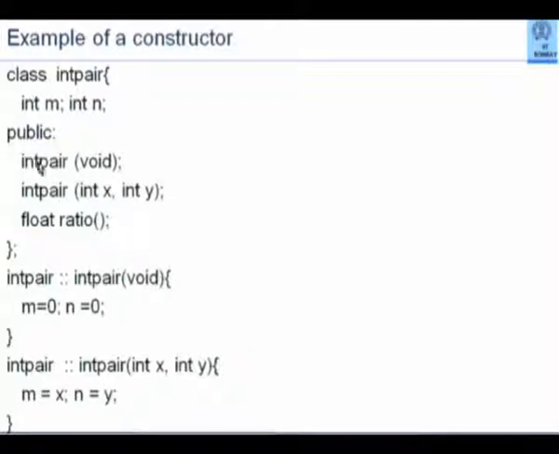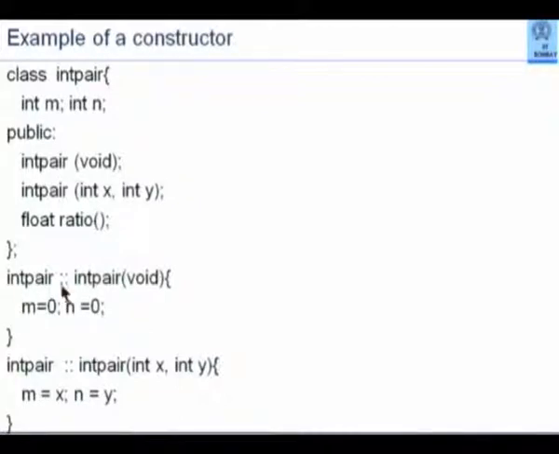The first form, which says int pair void, means it will not expect any parameter. Now there are m and n, two data members. They have to be initialized to some value. Constructor is supposed to initialize them. If I don't pass any parameter, what values would it use to initialize? That is defined by the implementation of this function, which is shown here.